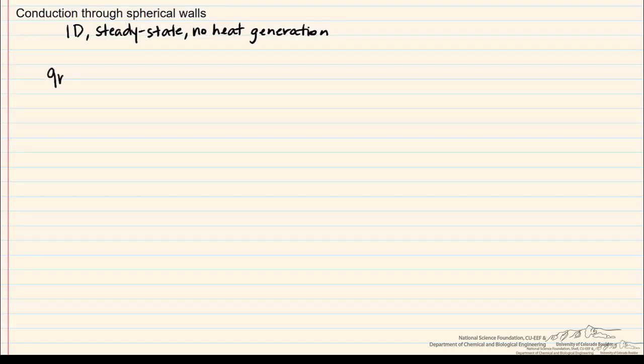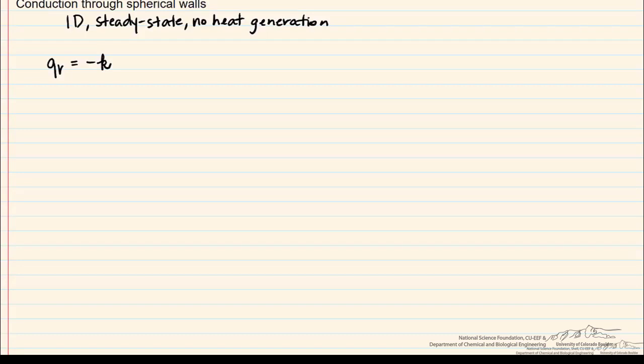So that states that the heat transfer rate in the radial direction is equal to minus k, which is the thermal conductivity, times A, which is the area normal to the heat transfer, dT/dr. And for our sphere, this is equal to minus k times 4 pi r squared dT/dr.